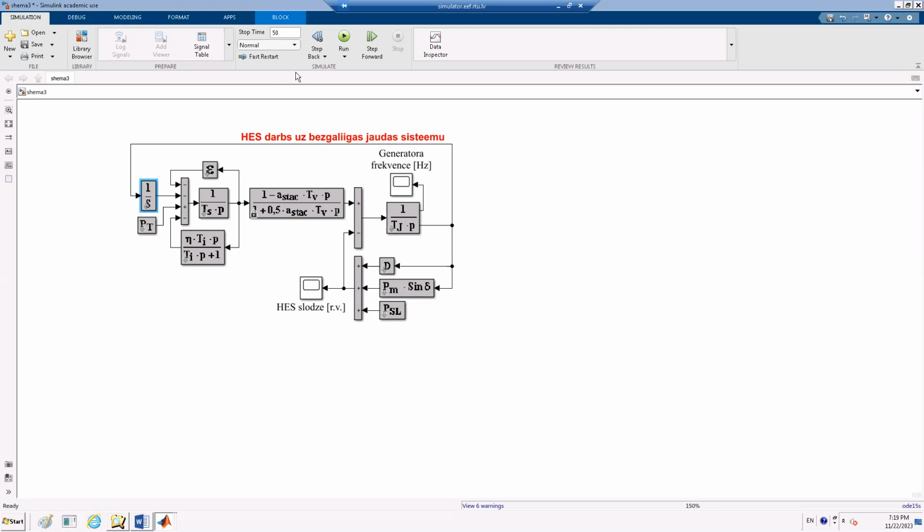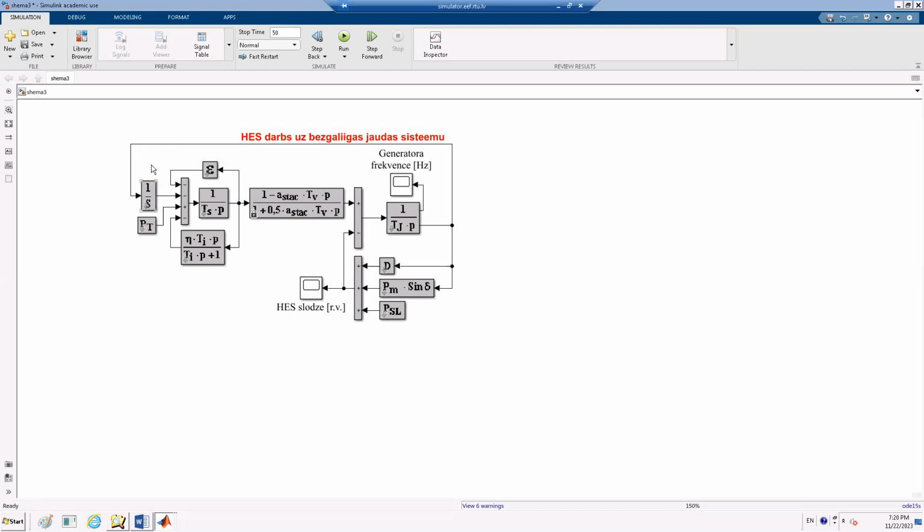Because for the real one, when we have a limited power, of course, this statism represents how much power we could regulate for each time step, but with a limited amount of power.